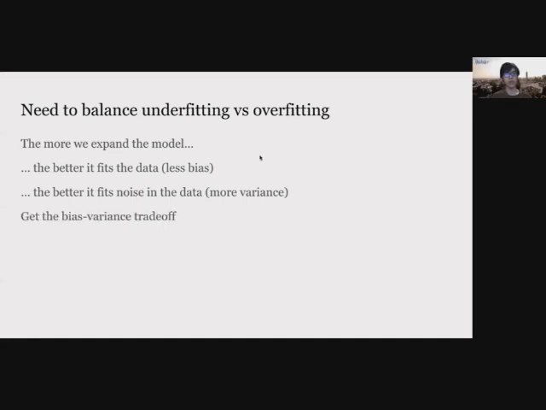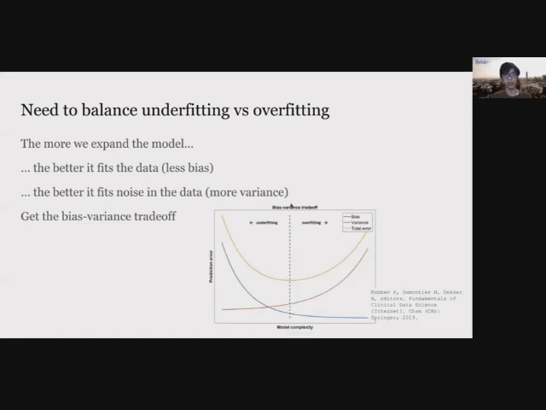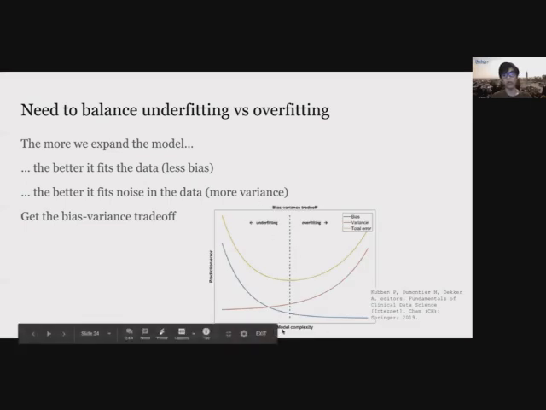In a lot of textbooks about machine learning and statistics, you see this bias-variance trade-off curve. Let's try to interpret this curve. On the x-axis, you have model complexity. As complexity increases, bias goes down. Bias is this blue curve here. But on the other hand, variance is going to go up.